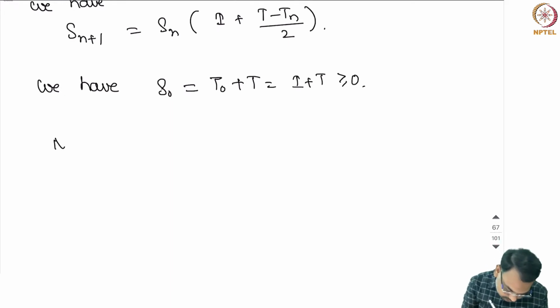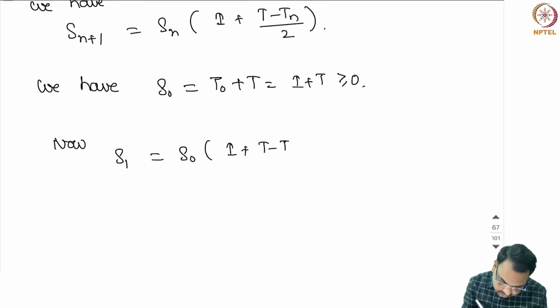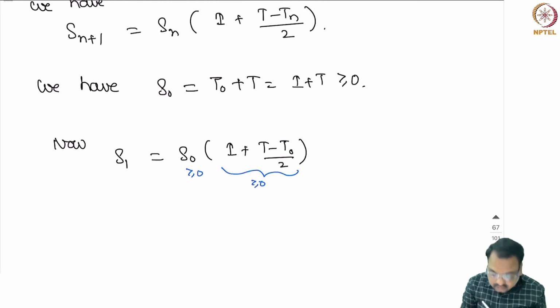Now S1 is nothing but S naught into I plus (T minus T naught)/2. So we know that S naught is positive and this whole thing is positive.